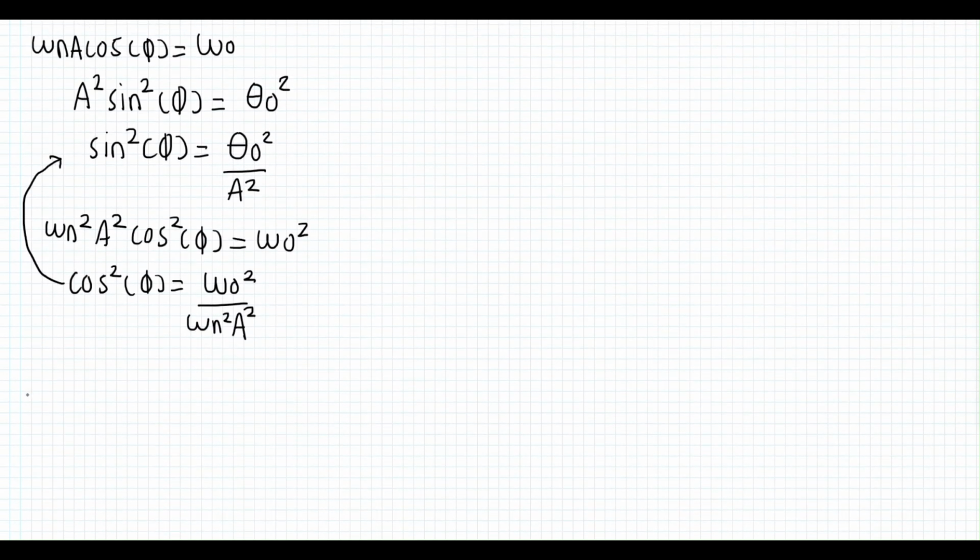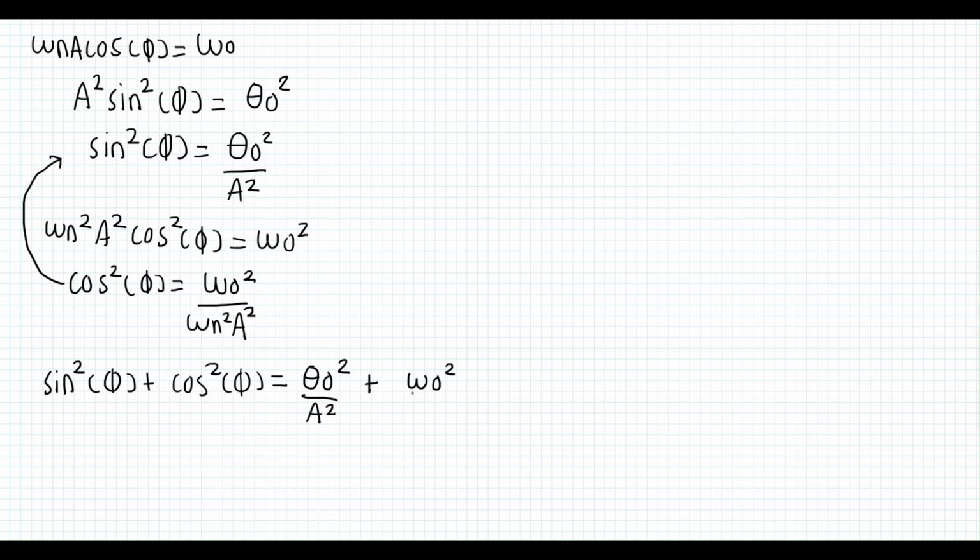And that means that the equation now becomes sine squared phi plus cosine squared of phi is equal to theta naught squared over A squared plus omega naught squared over omega n squared A squared. We know from trigonometry that this expression is just equal to 1.